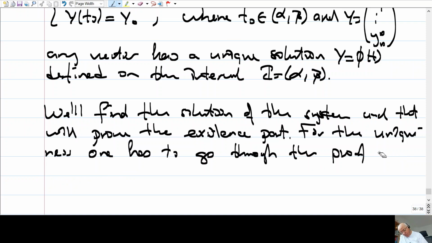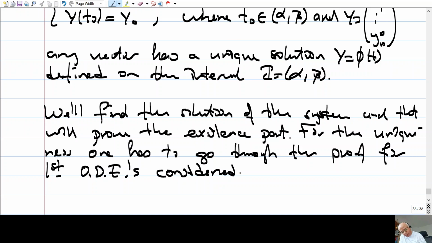Proof for first order ordinary differential equations considered earlier. Considered before.